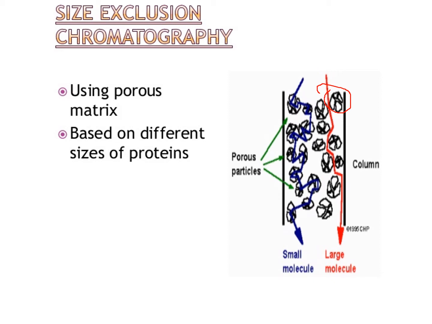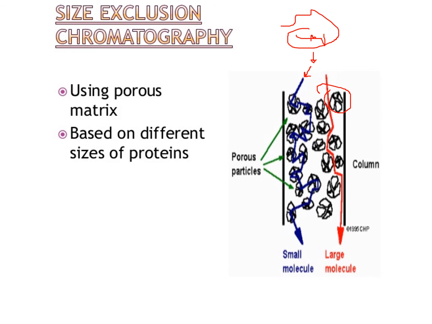So the big concept is this: if you're a small protein, shown in blue here, you will travel, and it could be gravity fed. And remember, this is all liquid as well. So you've added the proteins in a reservoir up here in liquid, and they're coming into this. These proteins are flowing across, kind of like water across rocks and rapids, except the small proteins will actually journey into the holes in the beads.